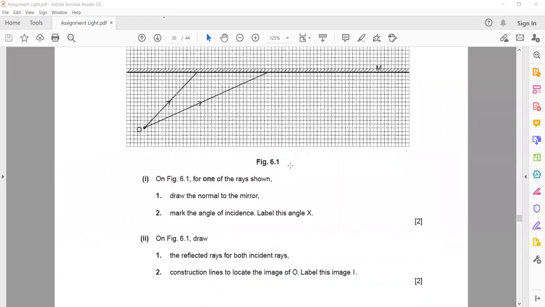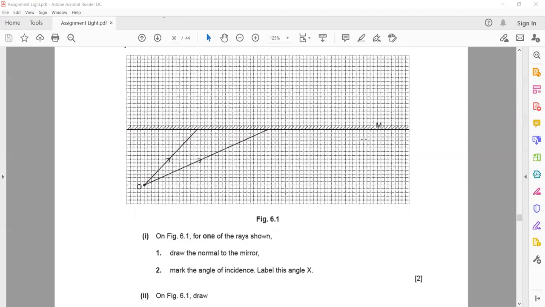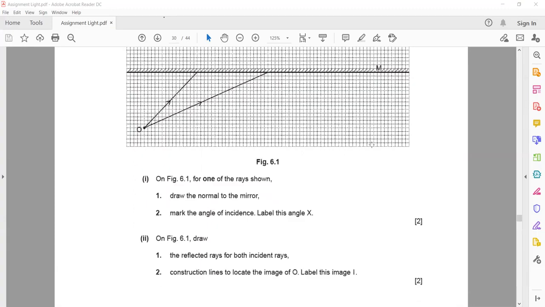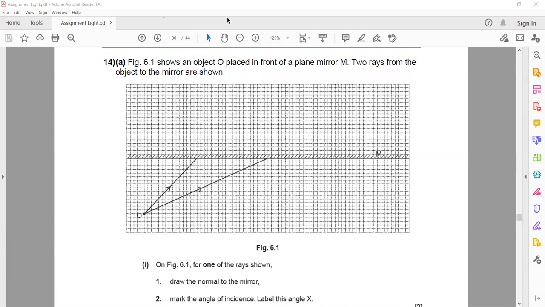Now, on a figure, draw a reflected ray. When you are showing a reflection through a mirror, the best thing you can do is measure the distance between the object and the mirror and locate the position of the image. Then draw the two rays from the image and make an eye.